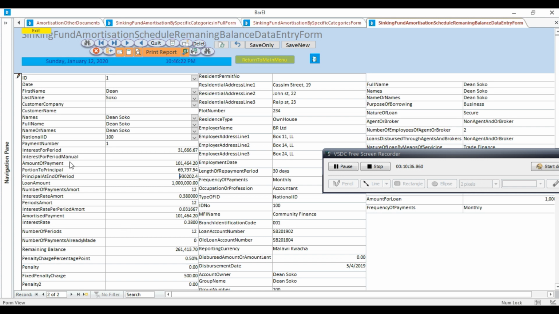Then let us proceed to another. This 930 now will be put here on the loan amount in the next record.